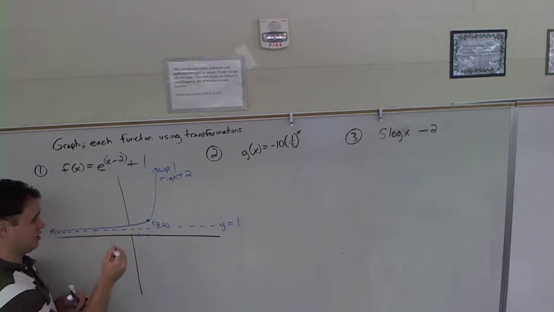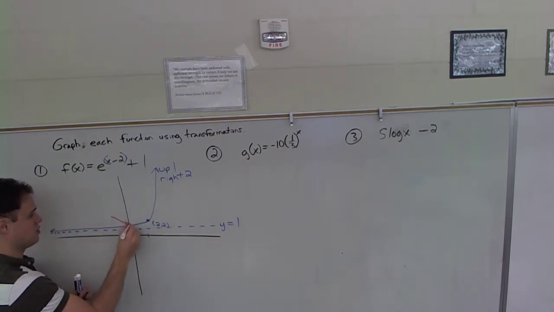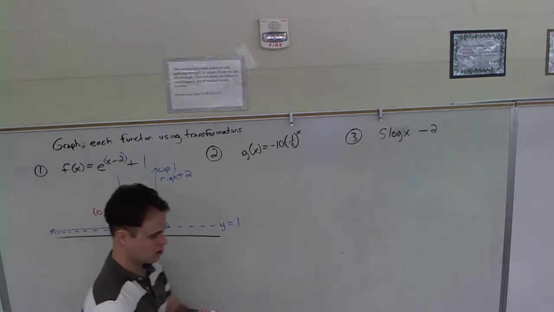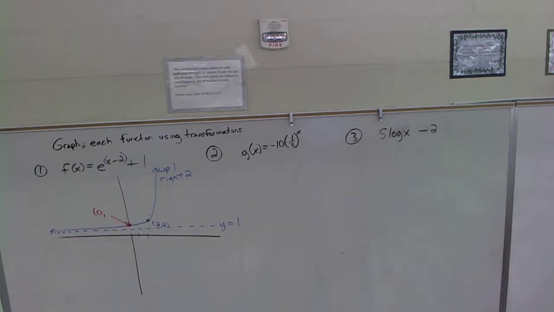I think we need our calculator to get this point. So there's no other way. So what is that y-intercept? If we plug in 0, what do we get? Well, we can use our calculator. I forgot to use this. If we plug in 0, go E. You can do this in your head or not.